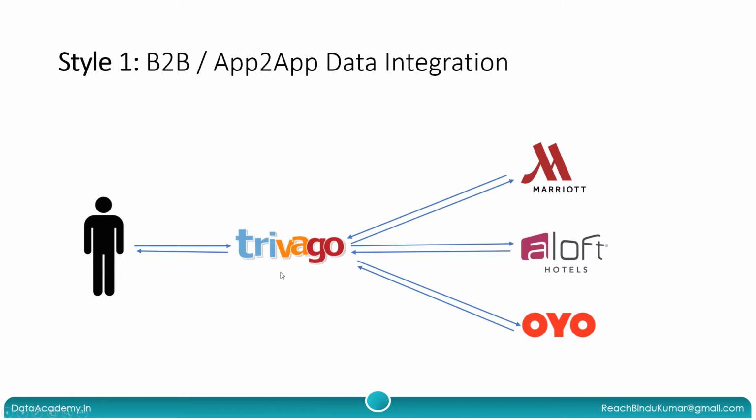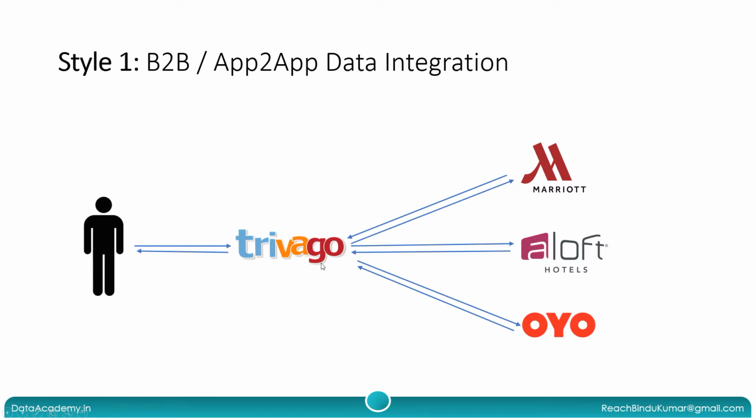So let's say finally you like a particular hotel and a fare, and you block it or reserve it. Once that is done, again the information goes from the person to Trivago, from Trivago to Marriott, and let's say Marriott responds with a confirmation saying that yes, this particular room is available on so and so date and this is the fare, and now it is blocked or reserved for a particular person, right?